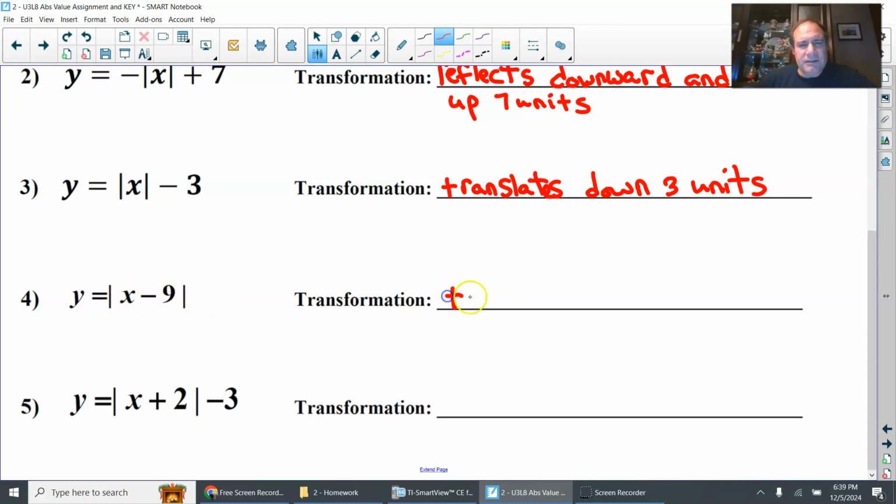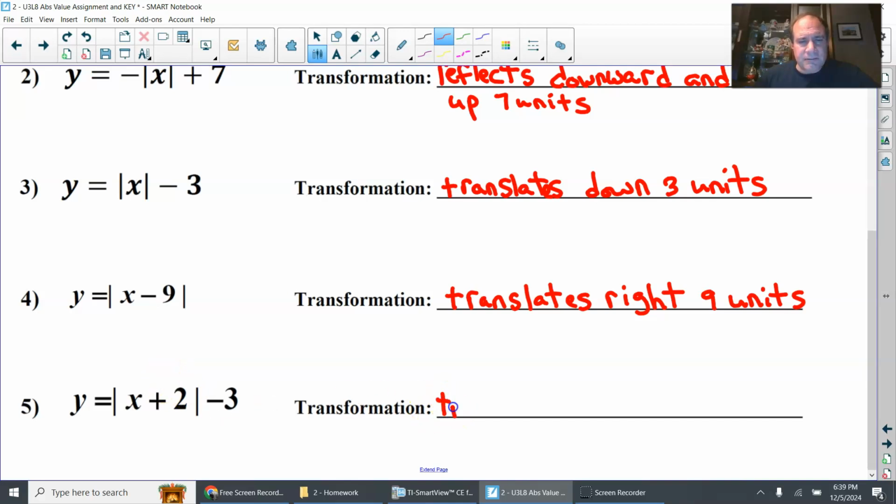Number 4, this is inside, x minus 9. So this translates right 9 units, or 9 units to the right. This one right here, a little bit difficult, but take it one step at a time.